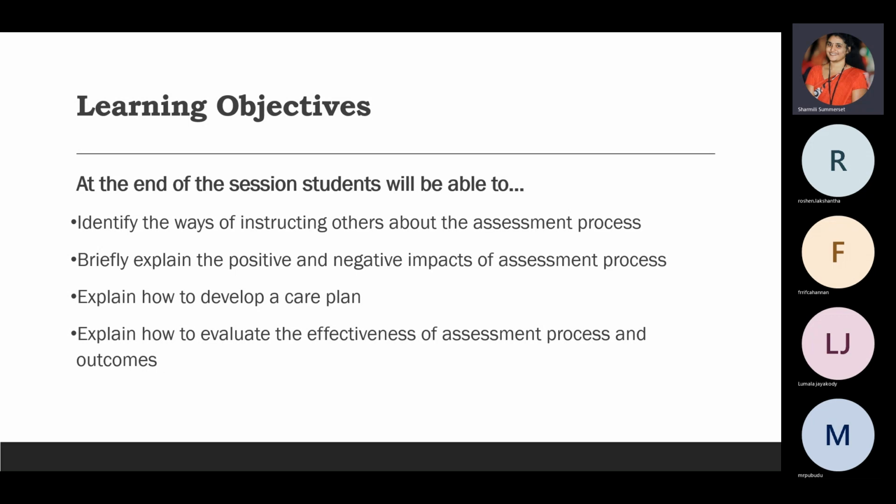At the very beginning we studied the importance of assessment, why we conduct the assessment prior to planning any management in the health and social care sector. This assessment is not only confined to the health sector. In any kind of social sector, first we need to gather information in order to plan a program or plan patient care.